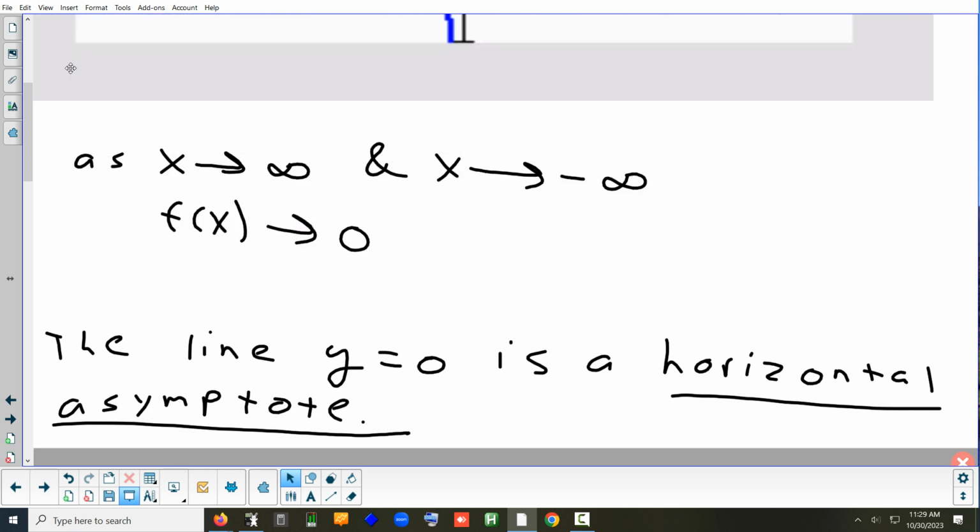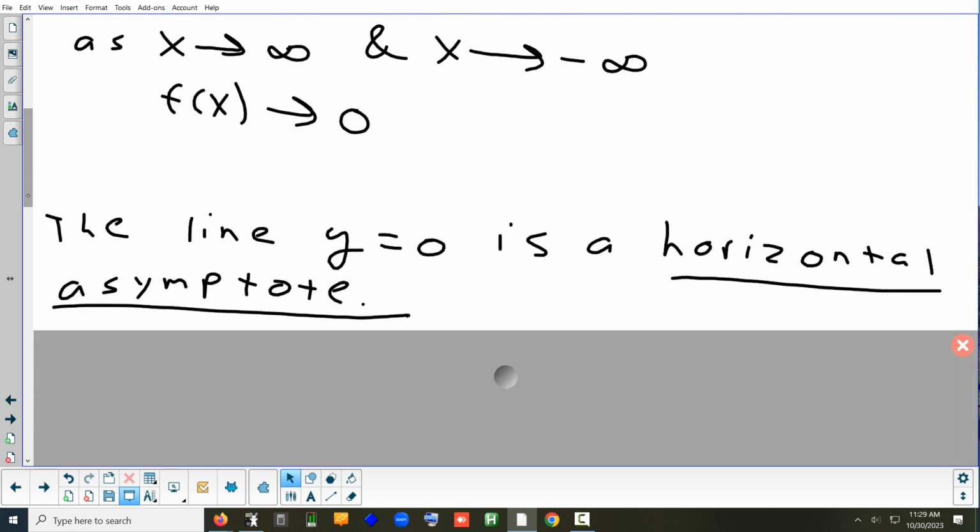So a couple things about an asymptote. We're going to look at horizontal ones and vertical ones. When you are writing what an asymptote is, you have to write an equation. And an equation always has a what? Equal sign.